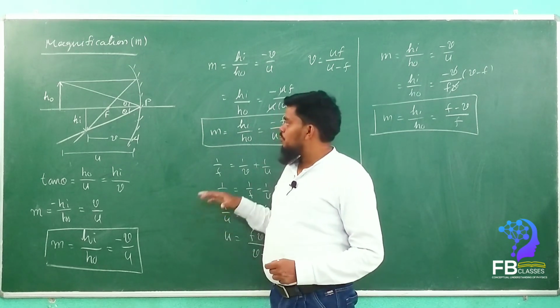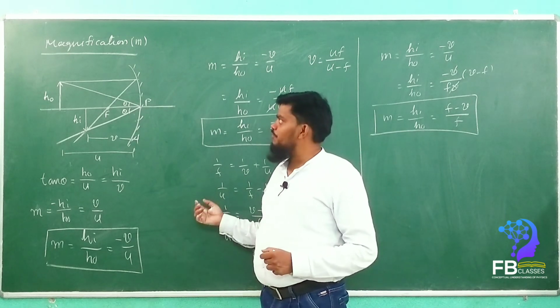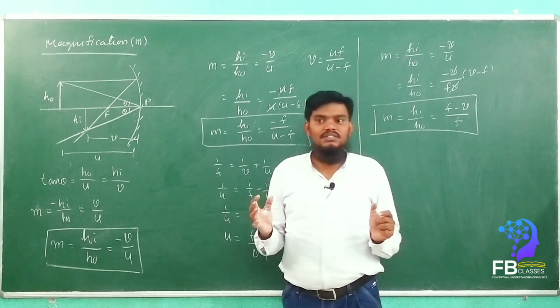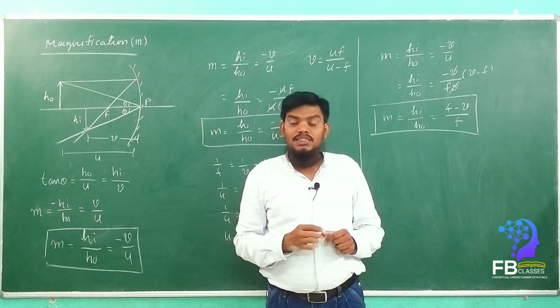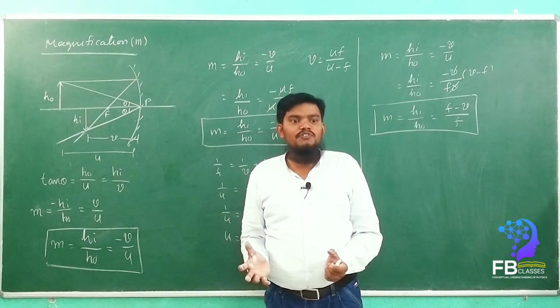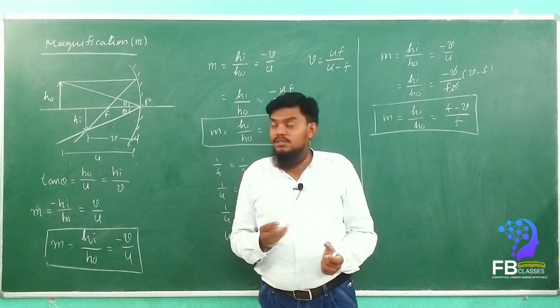Okay. So do you understand today's class, everyone? So tomorrow we are going to continue with magnification itself. If we see the value of magnification, it gives the total information about the object and image, and which mirror is used. Yes or no?